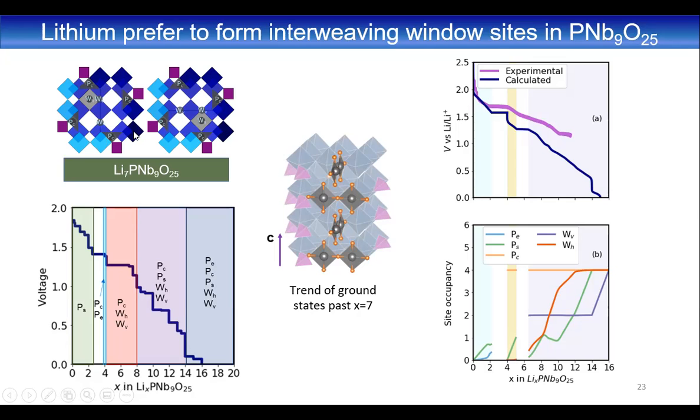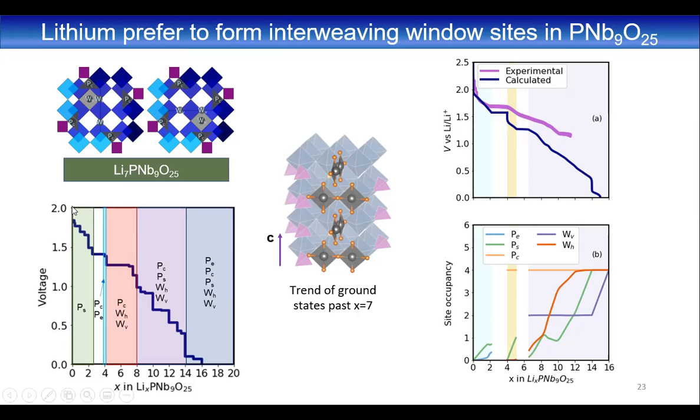So if I take this as layer 1, this is layer 2, and stack them onto each other, you can see that the window sites are perpendicular to each other. And this can be very important because it shows that there's this particular ordering, which might be important to kinetics down the line.